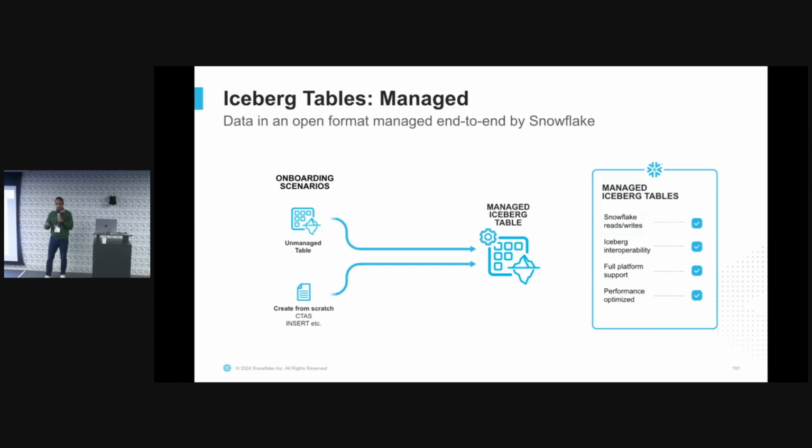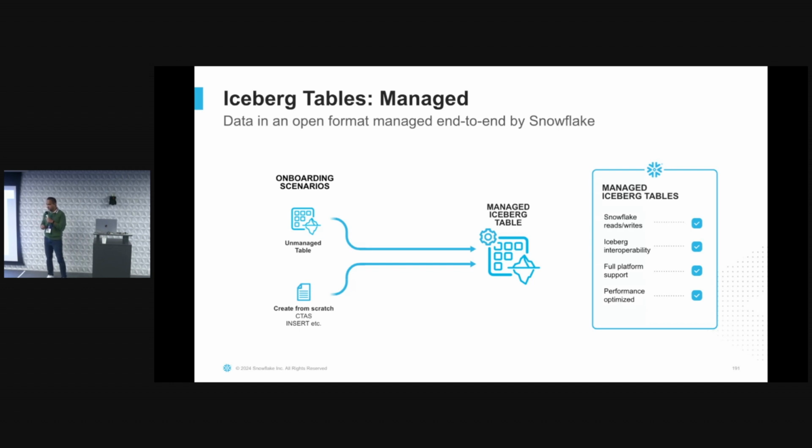You will use Snowflake for full platform support. For example, you can do data governance, PII masking, and time travel, all through Snowflake. What you get in return is an interoperable Iceberg table format, enabled in your own external storage, and also a performance-optimized Iceberg.